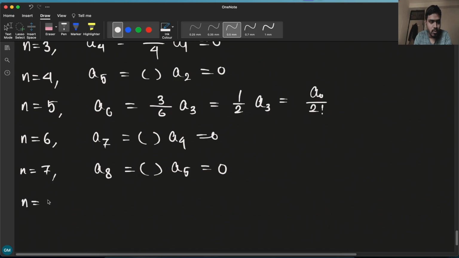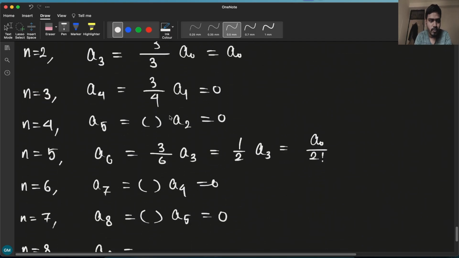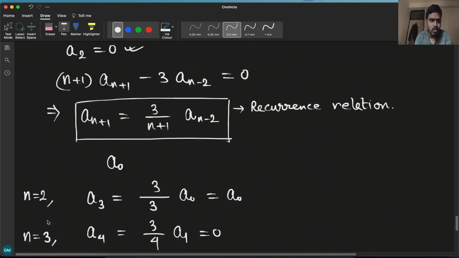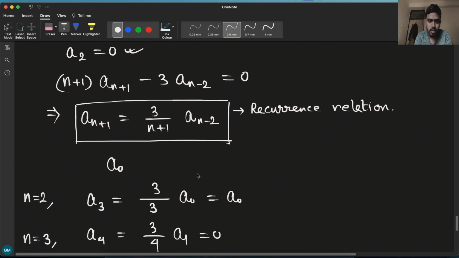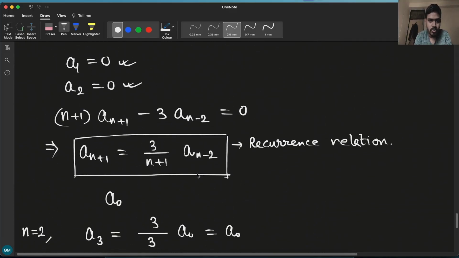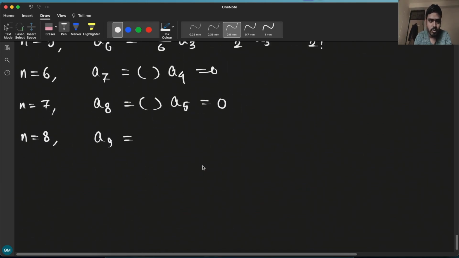If I put n equals 8 in this recurrence relation, we will get a9 equals 3 by 9 times a6, which is 1 by 3 times a6.